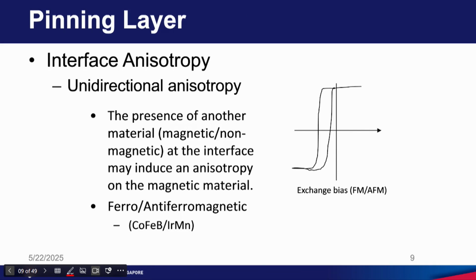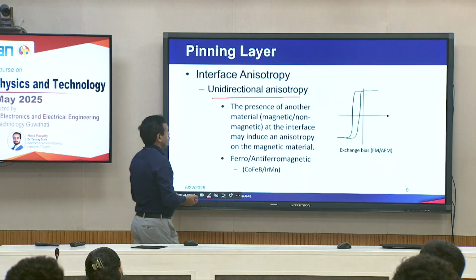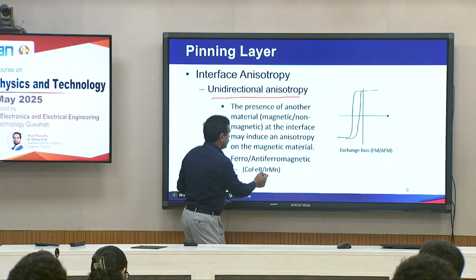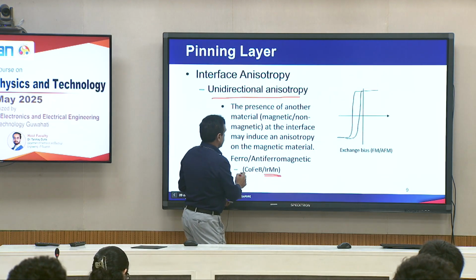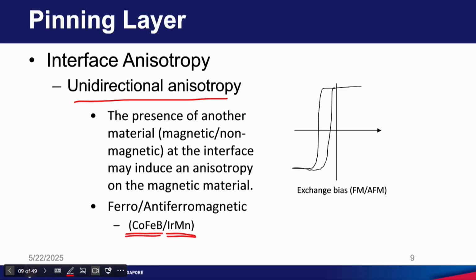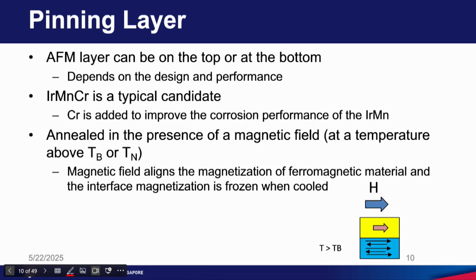So, we are using the interface anisotropy, which is also called unidirectional anisotropy, to pin the magnetization direction of the reference layer. So, we have iridium manganese as the antiferromagnetic layer and cobalt and boron as the free layer, and we follow the recipe that we learned earlier. We apply a certain magnetic field, heat, anneal the material over a temperature which is more than the anneal temperature, let us say.